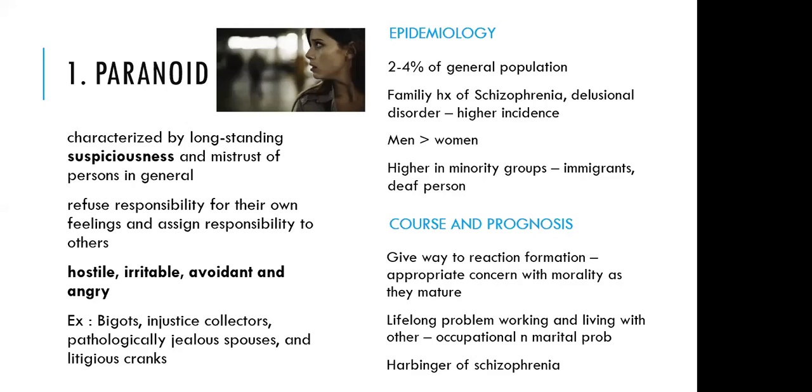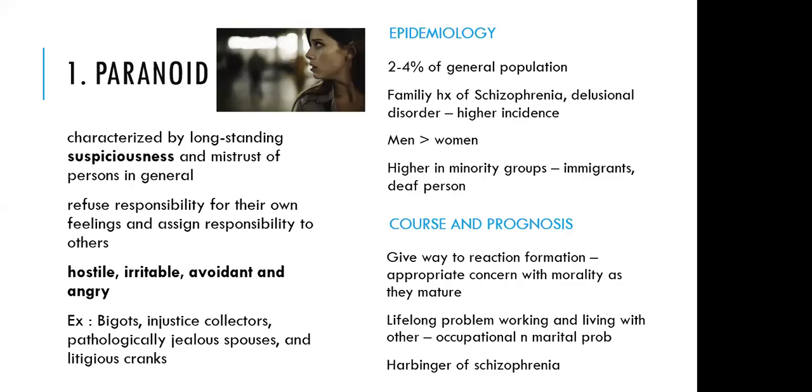For the cause and prognosis, in other persons, the paranoid trait actually gives way to reaction formation, which we learned earlier. It is actually a defense mechanism. So it gives way to reaction formation for us to give appropriate consent about morality as we are measured.